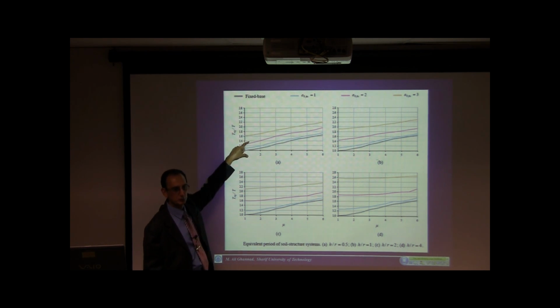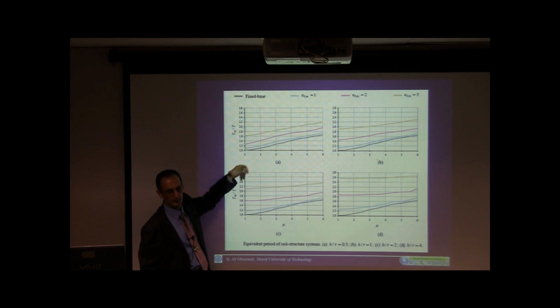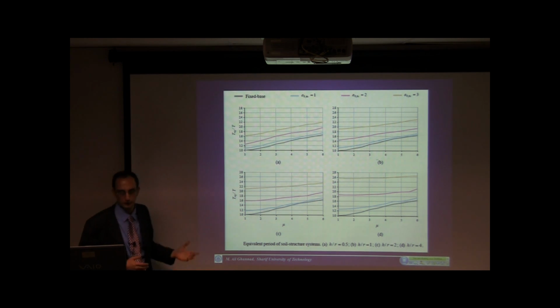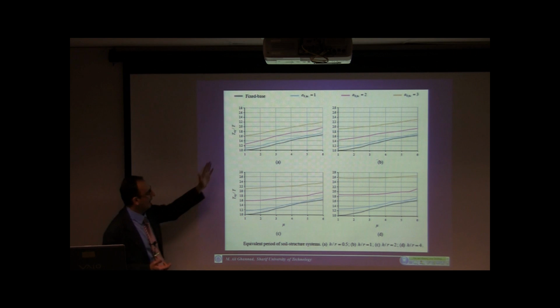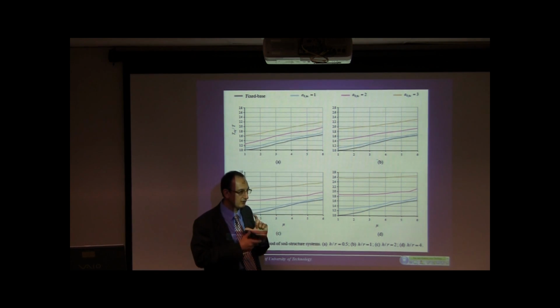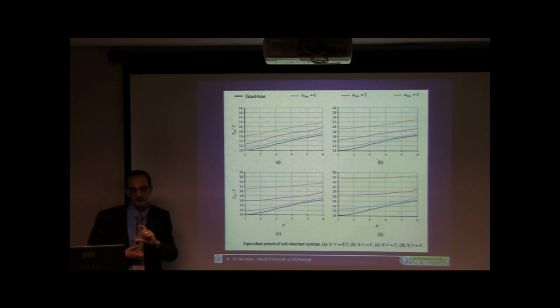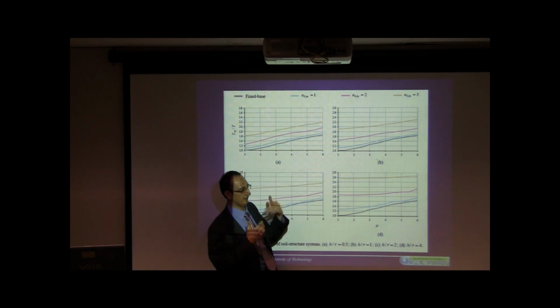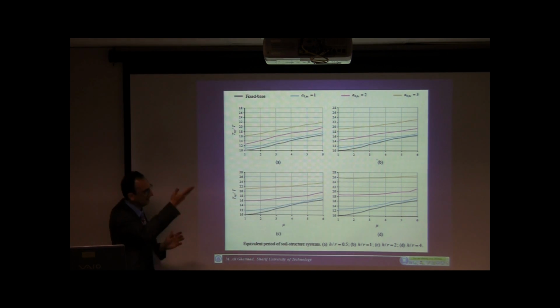Of course, it's due to soil structure interaction. For the elastic case, you have elongation in the period due to soil structure interaction. As you go to the right, it's a combination of the soil structure interaction effect and the flexibility and the equivalent elongation of this nonlinear behavior, this K equivalent.